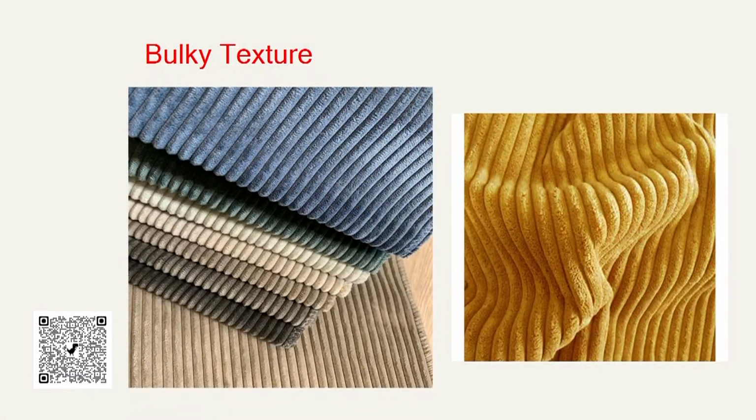The next category of texture is bulky textures and soft textures. These textures are similar to the previous stiff and bulky texture, but here you will notice that the bulky textures are creating a very different effect. Fleece fibers and fleece jackets, which are popular these days, can be categorized under bulky texture.